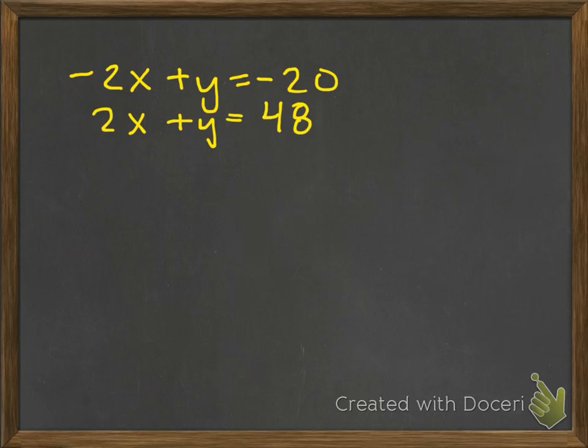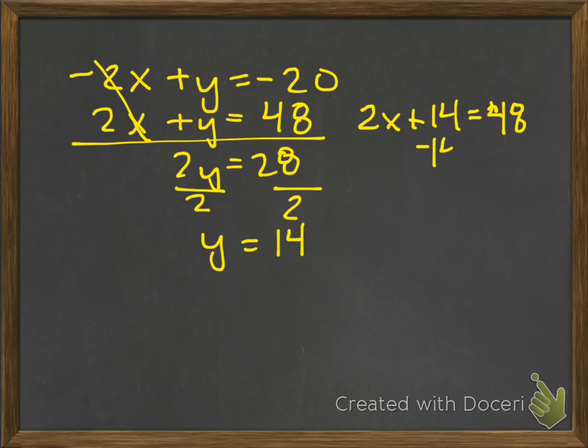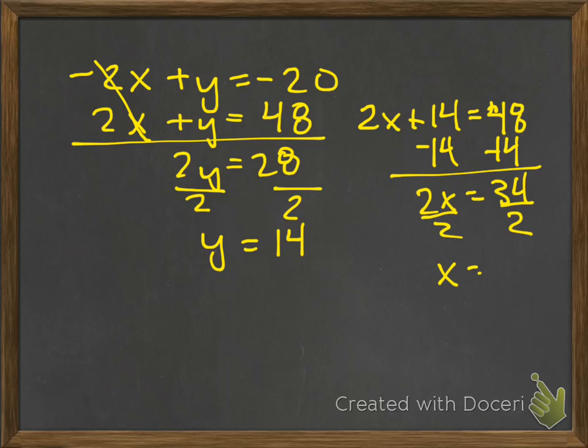Here's another example, a very simple elimination problem. We can get rid of the x's, add the y's, add the answers, divide, and we get y is equal to 14. Solve for x, and you're going to get x is equal to 17. Since you're getting an x and y answer, this has one solution, and we call those consistent independent systems.